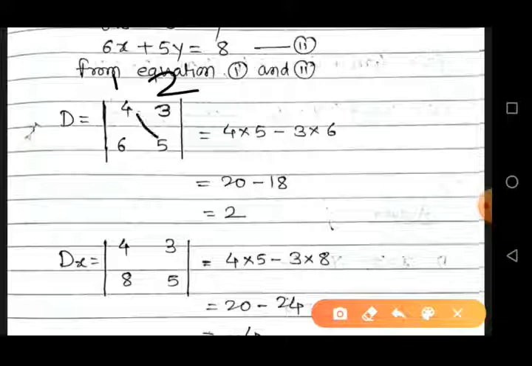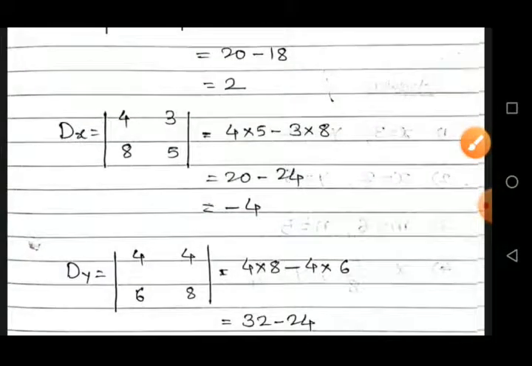Do the product of the numbers on the principal diagonal, first of all 4 into 5, minus the product of the numbers on the secondary diagonal, 3 into 6. 20 minus 18, 4 5s are 20, 3 6s are 18. 20 minus 18 means 2.